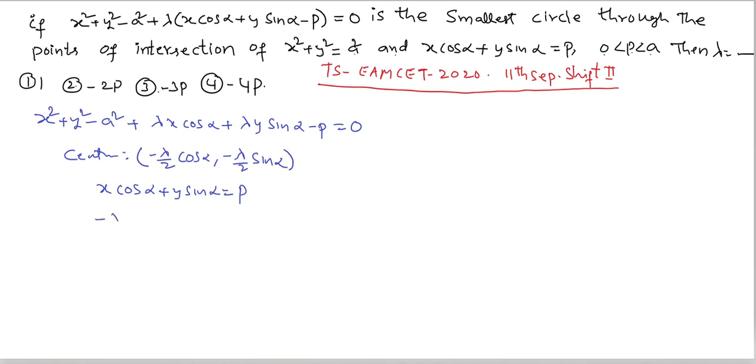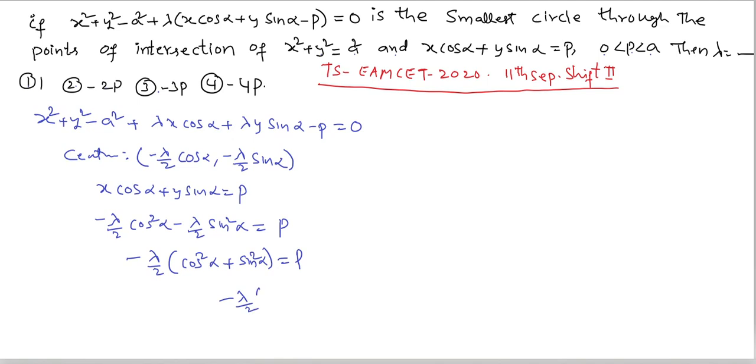Substituting, minus lambda by 2 cos square alpha minus lambda by 2 sin square alpha equals p. Taking minus lambda by 2 common, cos square alpha plus sin square alpha is 1, so minus lambda by 2 equals p. Therefore lambda is equal to minus 2p. So the second option is the correct answer.